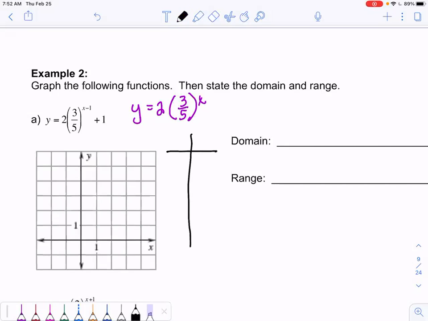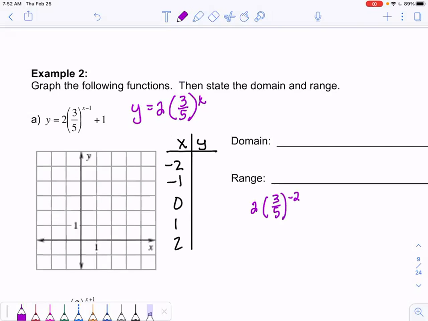This one's a little trickier. Might need to have a little bit of scratch work on the side, a little bit of mental math here. So we are taking 2 times 3/5 to the negative 2. And Jaden, I'm going to come back to you.